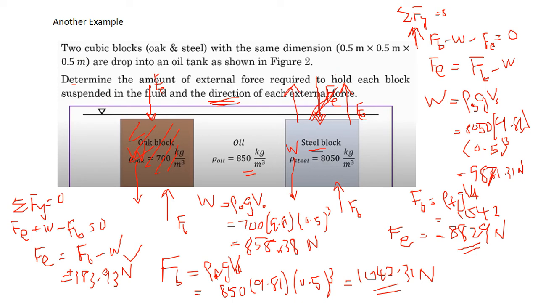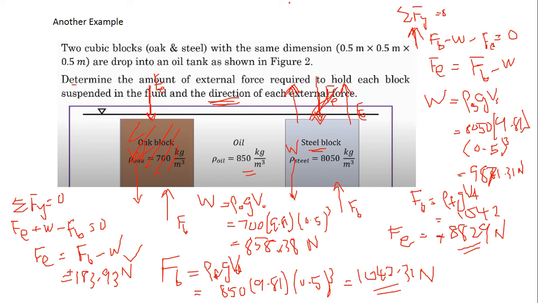Yang sebenarnya upward. Alright. If you assume at the beginning your external force is positive upward, bila you kira you should give you positive sini. So that means correct lah your assumption. Itu je. Faham? Faham. Okay, good.